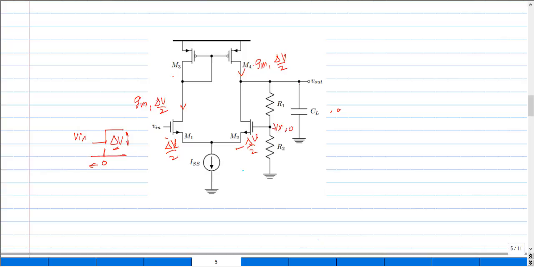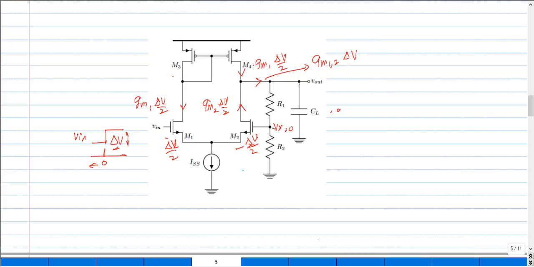Now because of this minus del V by 2 across the VGS of the M2 transistor, the current will have the opposite direction, and this current magnitude is given by GM2 del V by 2. And these two currents would actually merge at this particular Vout node, and the magnitude of that one could be written as something like GM1 del V. If I assume that both the GMs are the same, then I can write it like this.